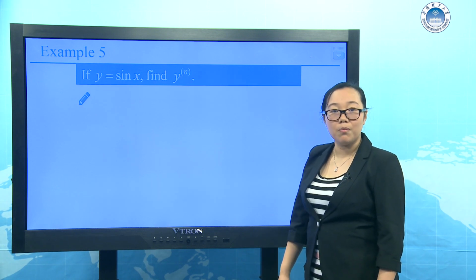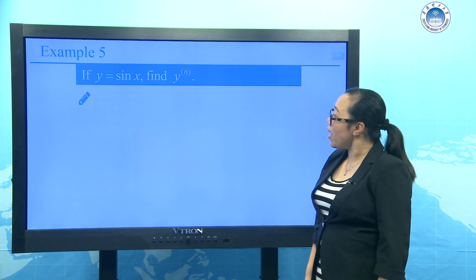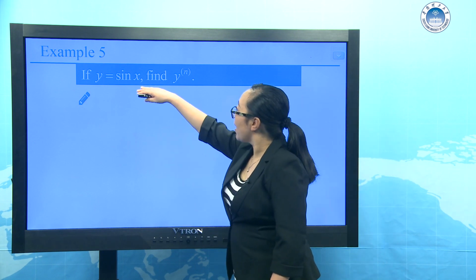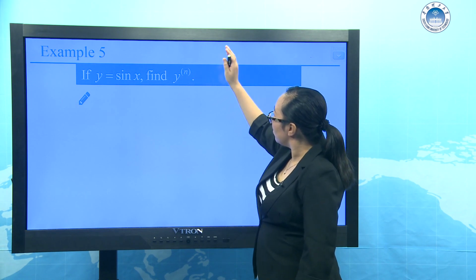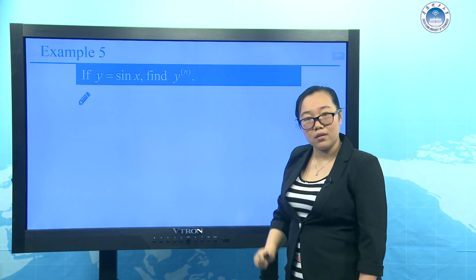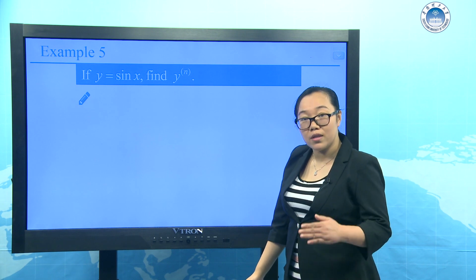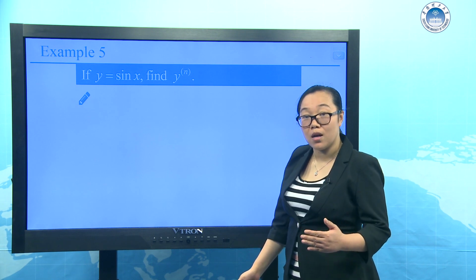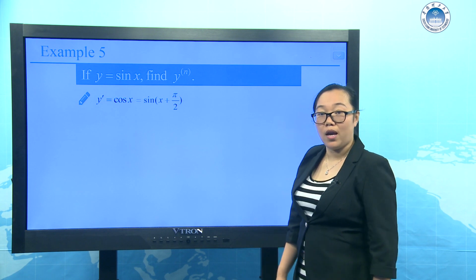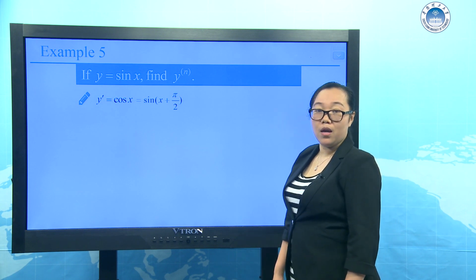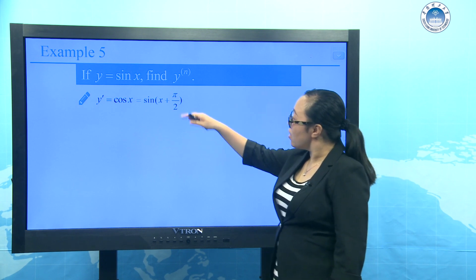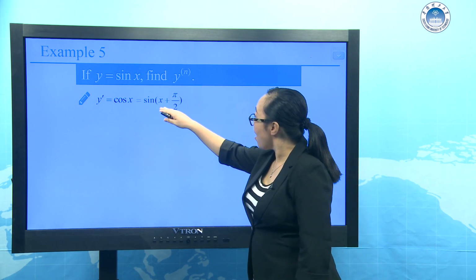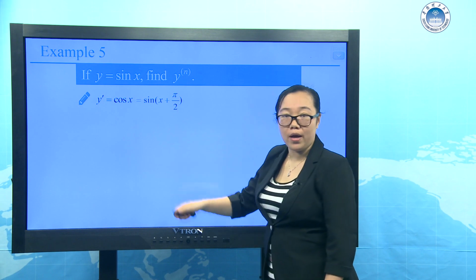Now look at example 5. If y equals sin x, try to find the nth derivative of y. How to get it? Yes, first, second, until we can get some summary. Now look at this. y prime equals cosine x, equals sin(x plus half pi).